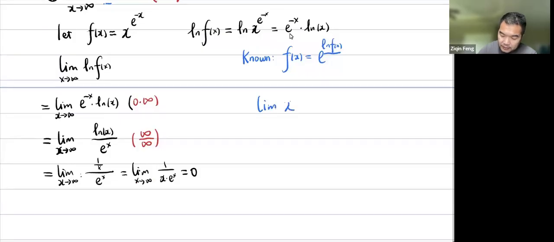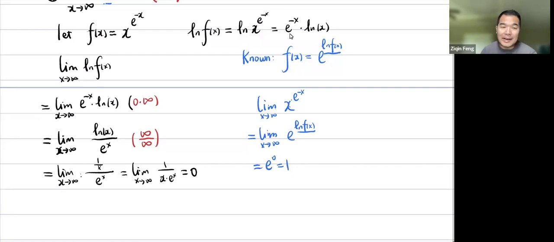So we know the limit of x to the power e to negative x as x goes to infinity is the limit as x goes to infinity of e to natural log of f of x. The limit of this goes to 0. So this is e to 0, which is 1.